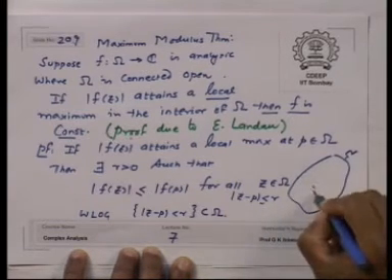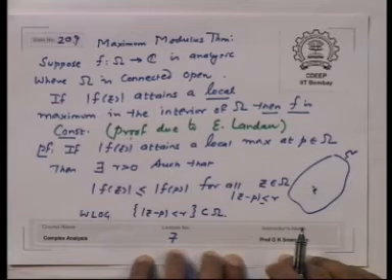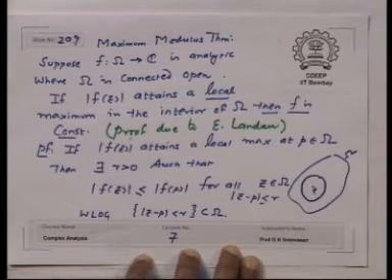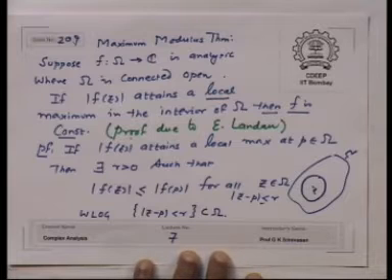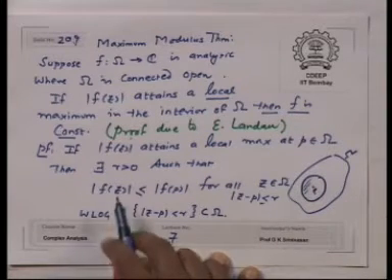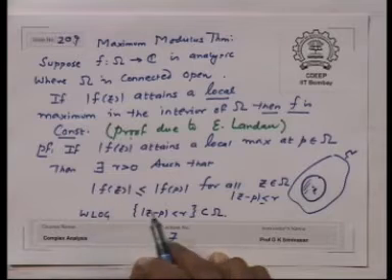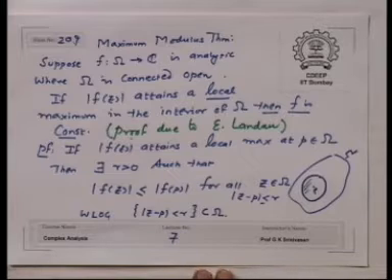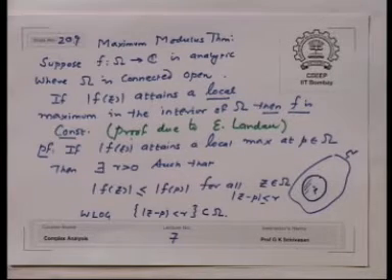It attains a local interior maximum at p, which means that mod f of z is less than or equal to mod f of p in this small disk of radius r centered at p, correct?